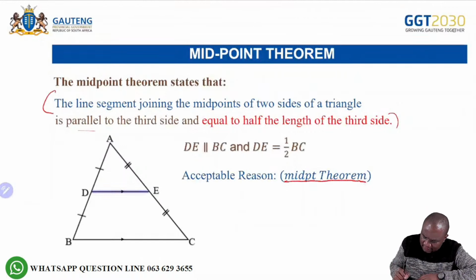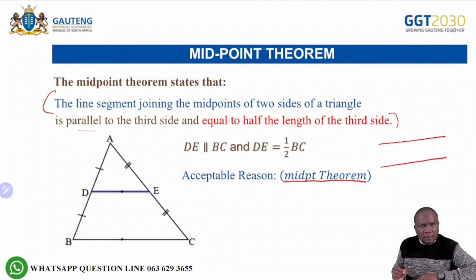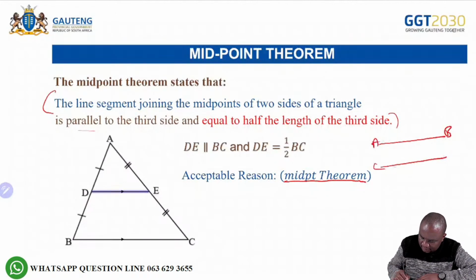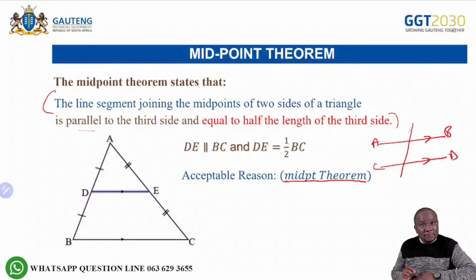If I have parallel lines AB and CD, we're given that they are parallel, and then I have my transversal. What can you say about this angle and this angle?